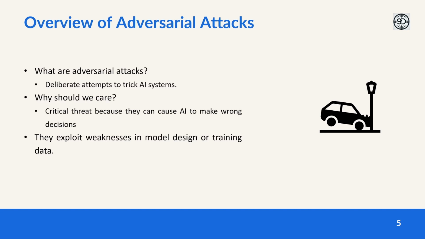By tweaking just a few pixels, an attacker can trick that system into misclassifying an image, say identifying a stop sign as something completely different, like a yield sign. The implications of this can be severe, especially in critical applications like autonomous vehicles or facial recognition. Adversarial attacks highlight one of the fundamental weaknesses in how AI models interpret the world, and we'll be exploring these more in detail in later modules.